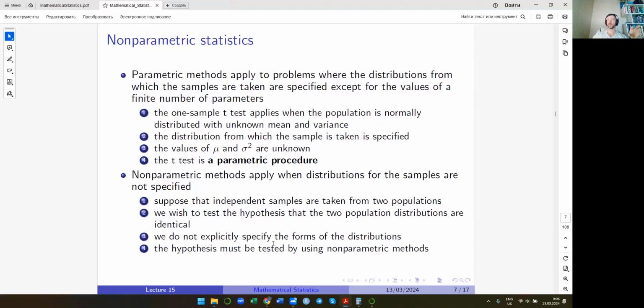We don't specify any parameters. We don't specify mu, we don't specify sigma. We don't care about them. We don't specify the shape of the distribution. That's why we call such methods non-parametric, because we don't specify the parameters or the shape of the distribution.